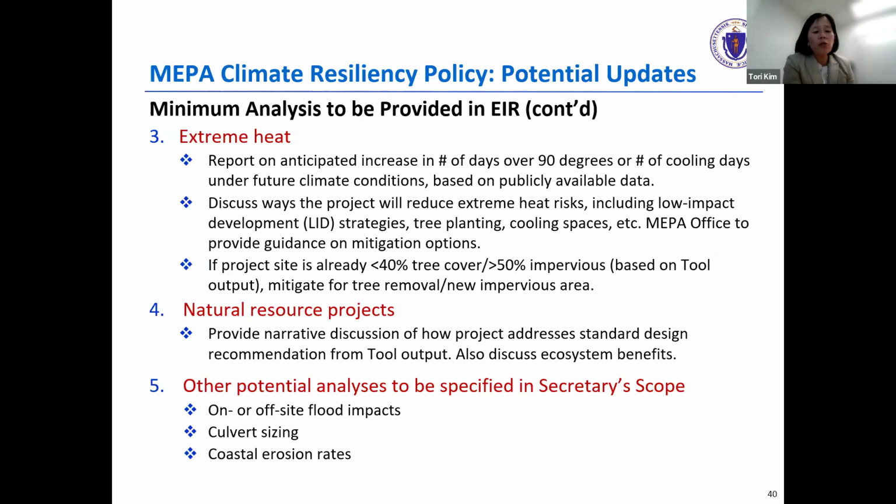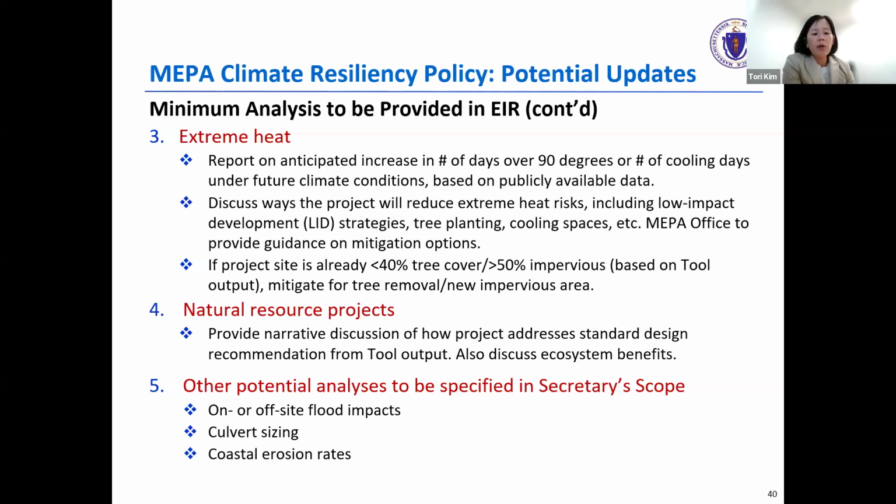Now, for natural resource projects, these are projects that are just maintaining natural resources or sometimes removing assets. In the case of dam removals, we would just ask for a narrative discussion of the standard recommendations that are provided from the tool.